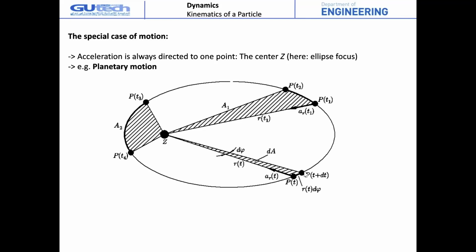If we take the part between time t and t plus dt, the distance traveled by the particle is r times d phi, where the angle d phi is small, so tangent d phi is only d phi.